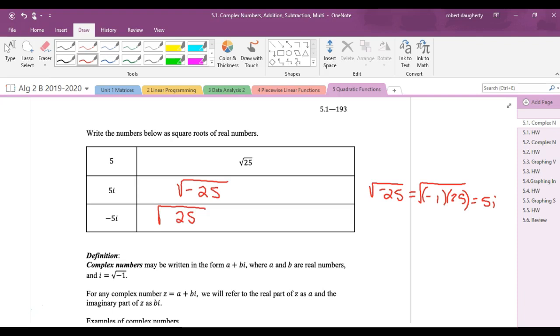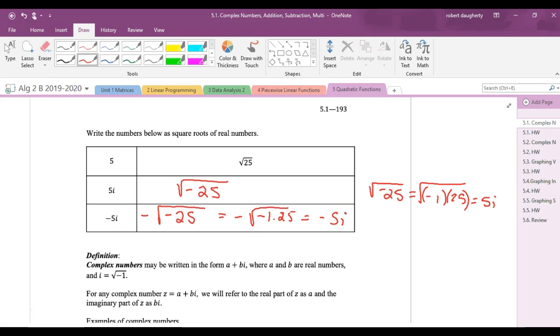We just established that. 5i. What am I trying to get here? -5i, right? What would this give me? 5i. How do you think I get -5i? Like that. Okay. Negative square root of -25. So this is negative the square root of -1 times 25, which is -5i. Okay.